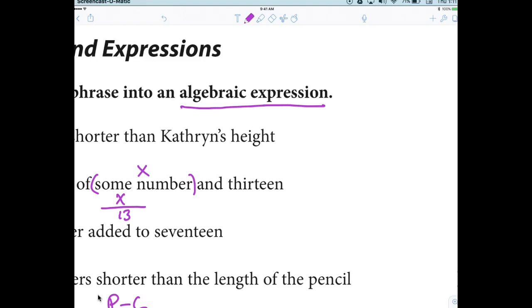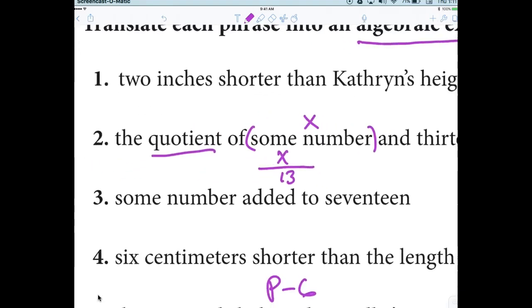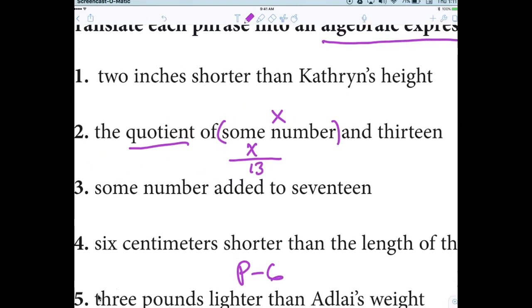Is everybody good with that? Yes. All right. So now, I'm looking at number 1. How do I represent 2 inches shorter than Catherine's height? We represent Catherine's height with K, and then we can write K minus 2.